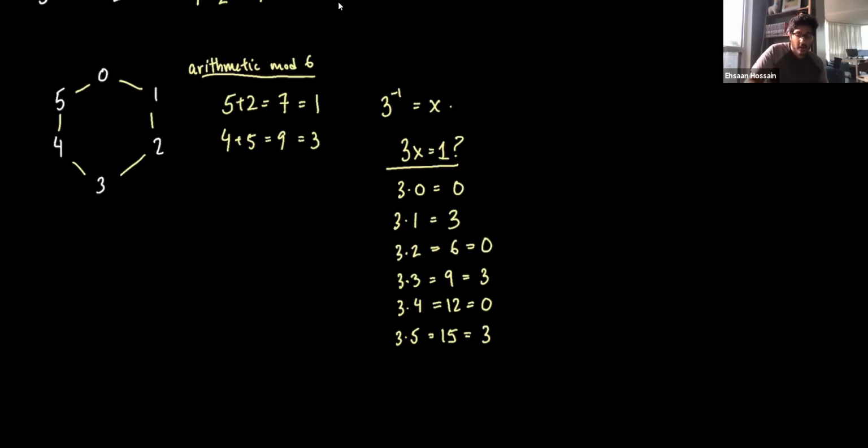So there's a pattern here. 0, 3, 0, 3, 0, 3. But what's going on? None of them is 1. What does that tell me? Three has no inverse in F6.